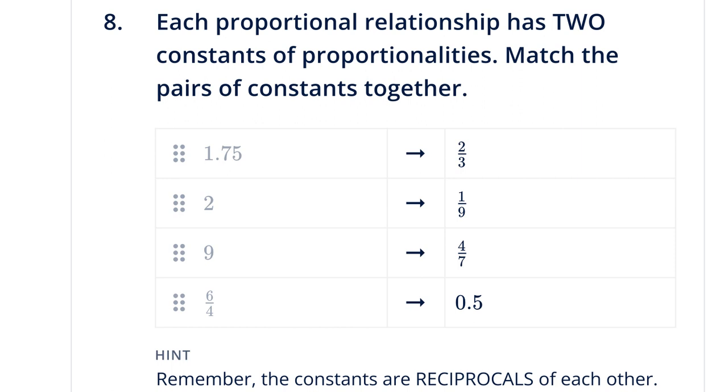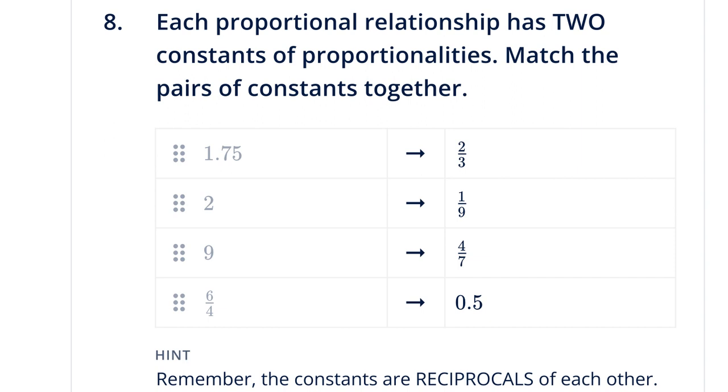And if you remember, they are called reciprocals. One strategy recommended was that 1 divided by the first constant will give you the second one. So we could use that.